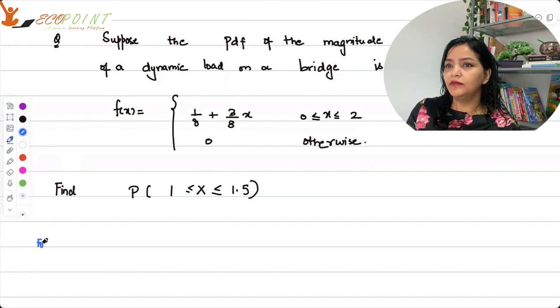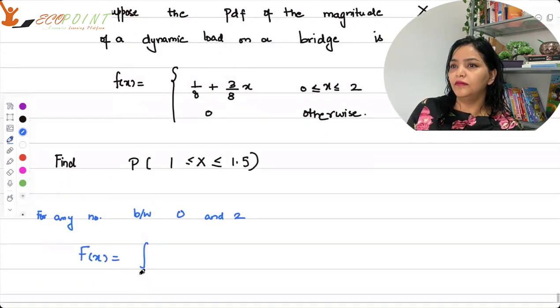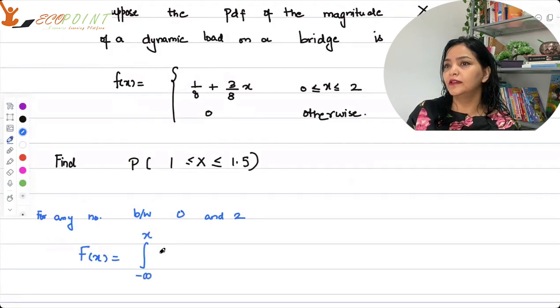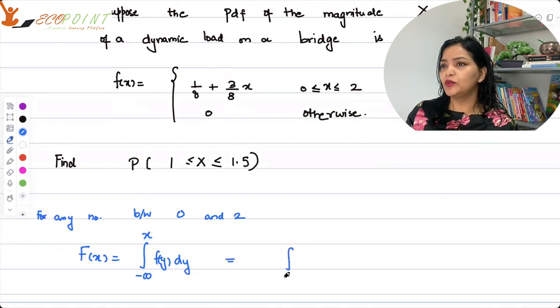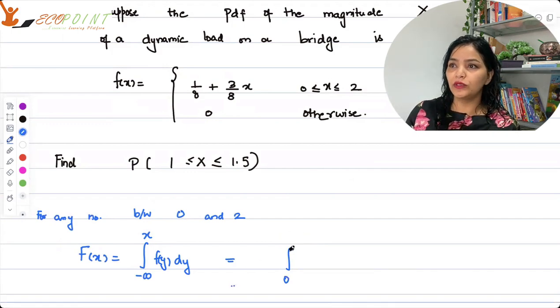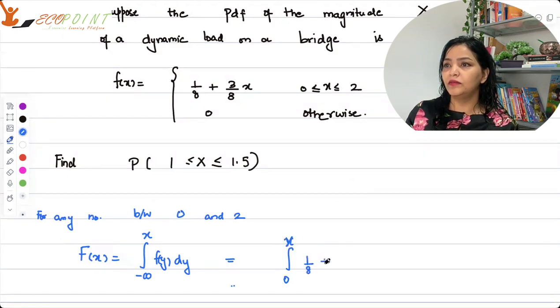So for any number between 0 and 2, capital Fx is the integral from minus infinity to x of fy dy, right? So for any number between 0 to 2, it's going to be from 0 to x of 1 by 8 plus 3 by 8 y dy.